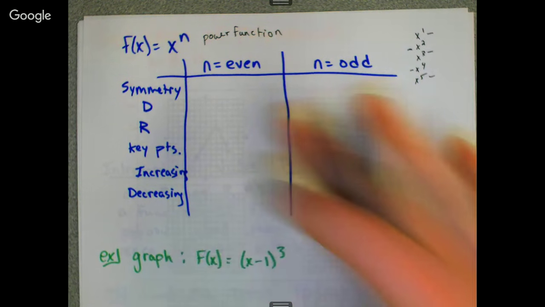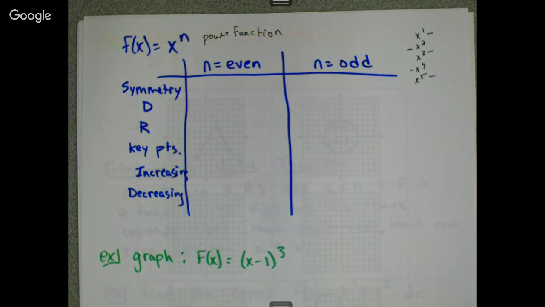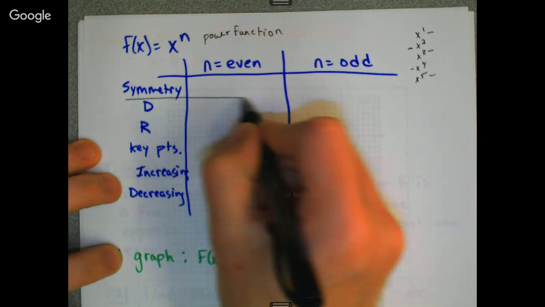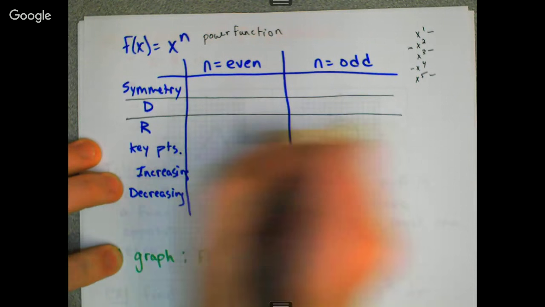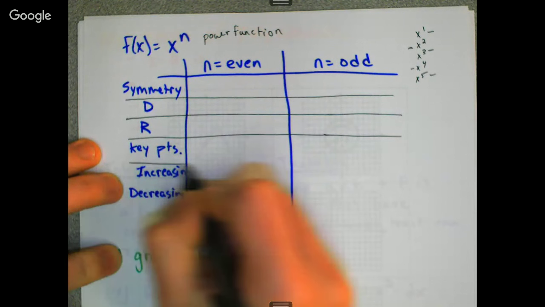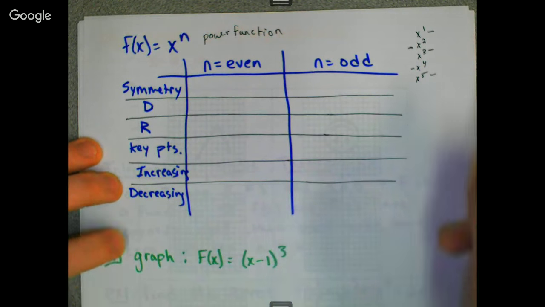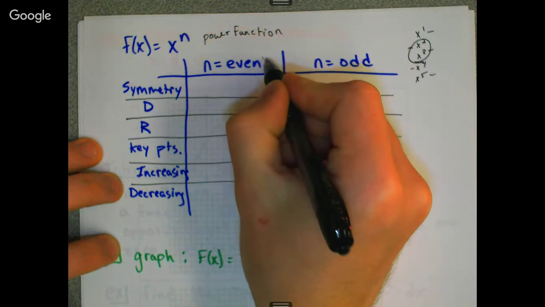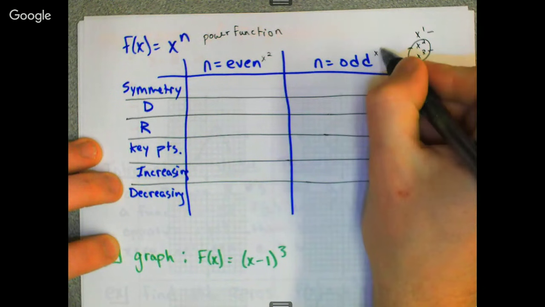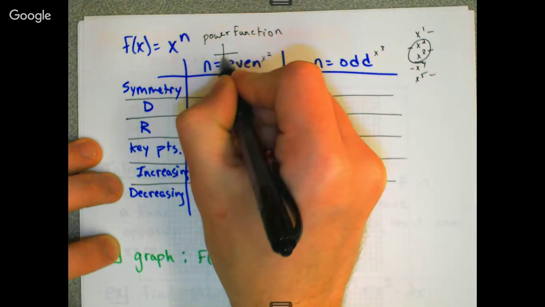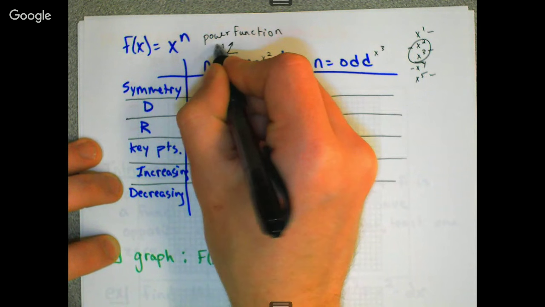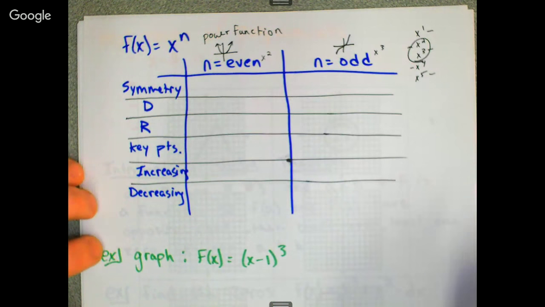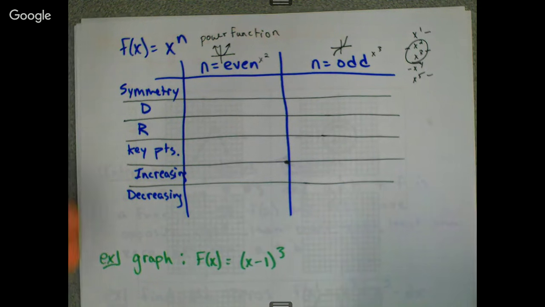I've got them grouped up here, and we're just going to look at some characteristics if it's odd or even. Let's look at the basic ones here: x squared and x to the third. We know that a square is some kind of parabola, and this cubic is this S-looking thing that we've talked about. So what kind of symmetry does it have?